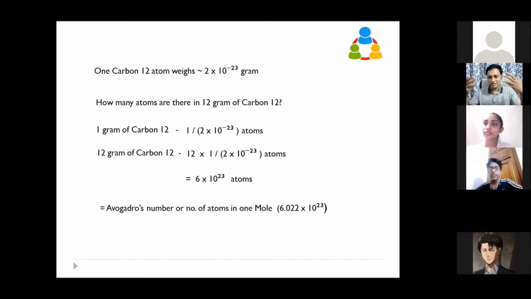Only which quarks come in is the difference. Electron is just another particle, and its mass is very negligible. So we call the mass of one proton or one neutron as one.